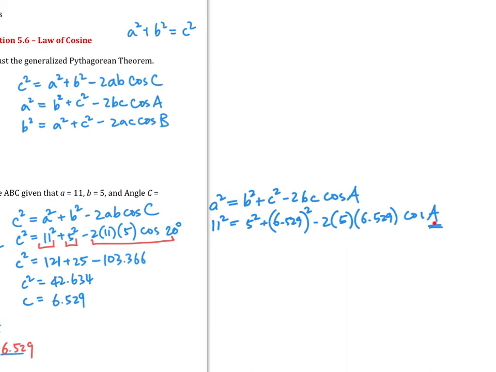You're going to divide because this whole thing is multiplied to cosine A. And then you're going to use inverse cosine to find A. So go ahead and give that a try.